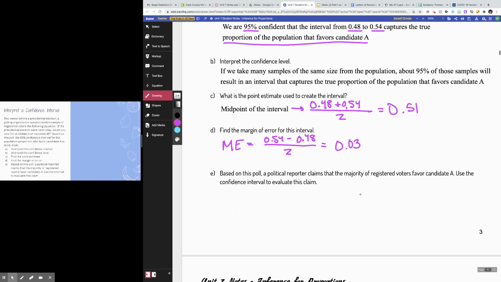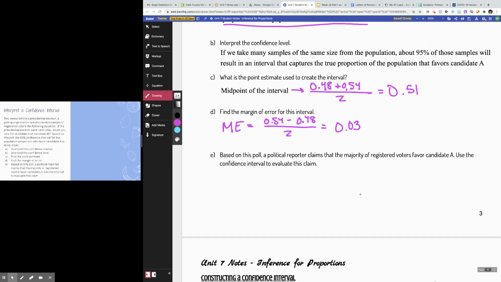Okay. All right. Now, part E is a very common type of free response confidence interval question, okay? It says, based on the poll, a political reporter claims that the majority of registered voters favor candidate A. And they ask us to use the confidence interval that we have to evaluate the claim. So the nature of a confidence interval is that any value in the confidence interval could be the true value.